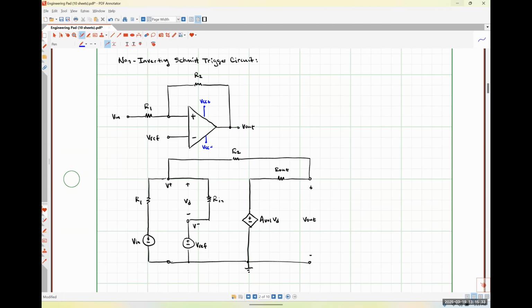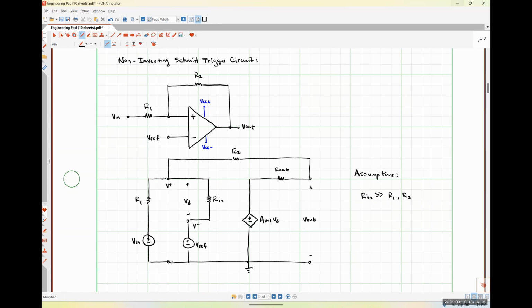Okay, so we could analyze this circuit as is if we were so inclined. But I'm going to make a couple of assumptions here that are going to make it a little bit easier, make the math a bit less of a pain. Okay. So the first assumption that I am going to make is that my input resistance of my op-amp, Rn, is much greater than the values of my biasing resistors, R1 and R2.